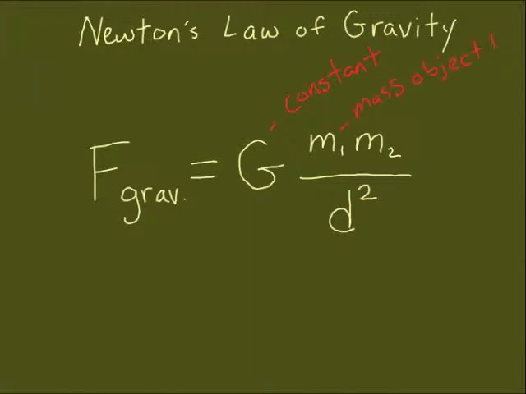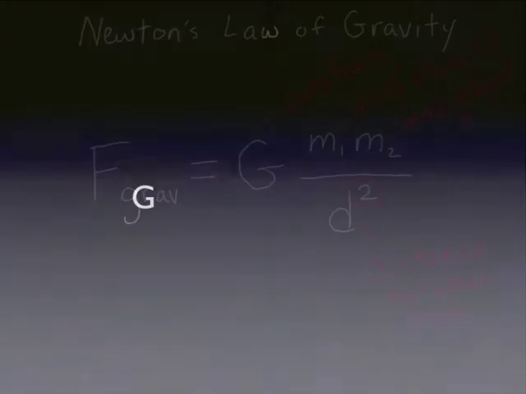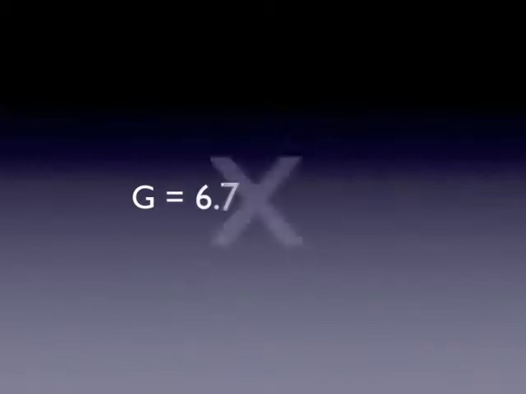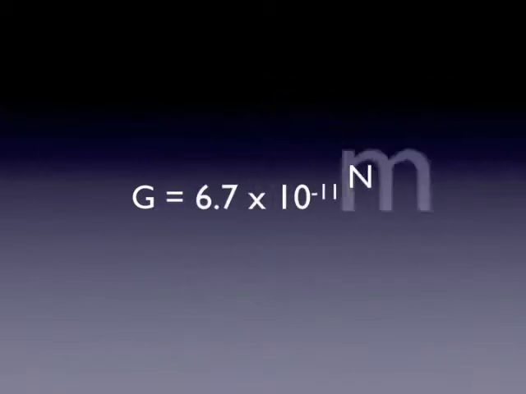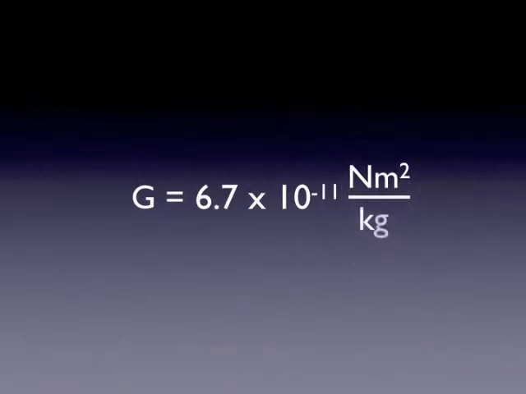We have the mass of object number 1, the mass of object number 2, and the distance between them. Now G equals 6.7 times 10 to the minus 11th Newton meter squared per kilogram squared. And it was determined first by Henry Cavendish.